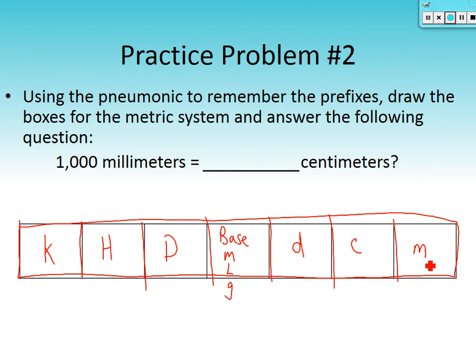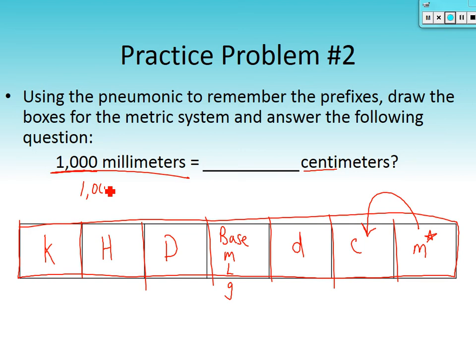Because we're starting, now, where are we starting at? Well, this quantity right here. That's where we're starting. 1,000 millimeters. The milli box is right here. So we're starting here, and we want to go to centi. Centi is C, so we're just going to go 1 box to the left. So what do we do with our decimal?